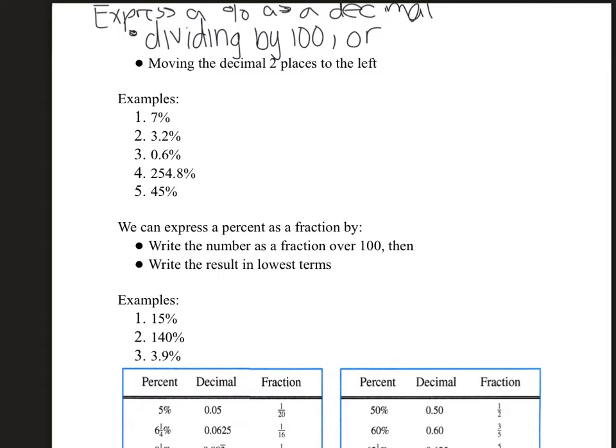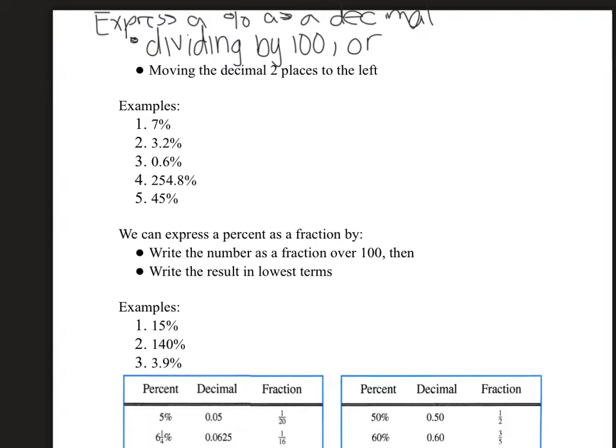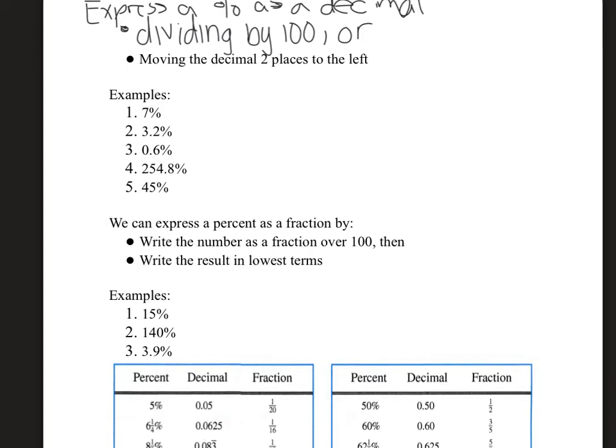If I have 7% and I want it written as a decimal, remember there's a decimal at the end, and since we're moving 2 places to the left, or dividing by 100, you should get 0.07. 3.2%, move it 2 places to the left, 0.032.